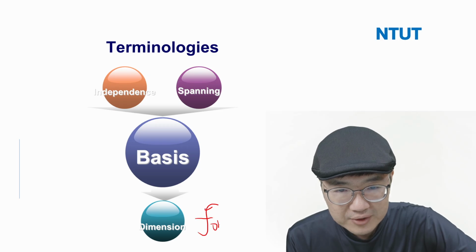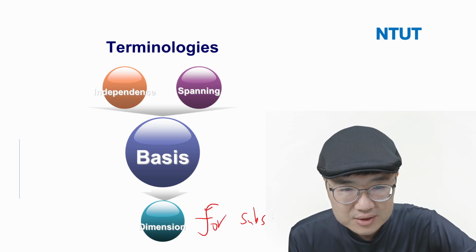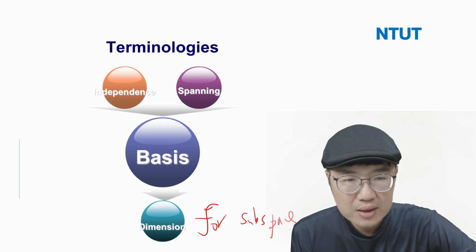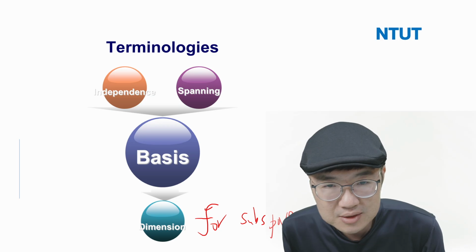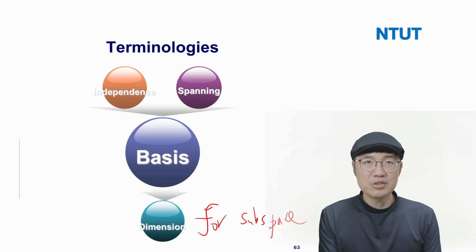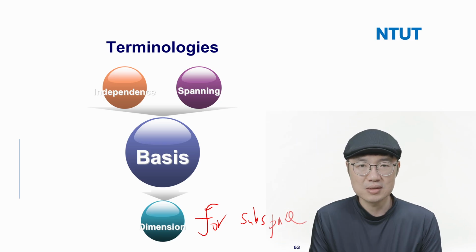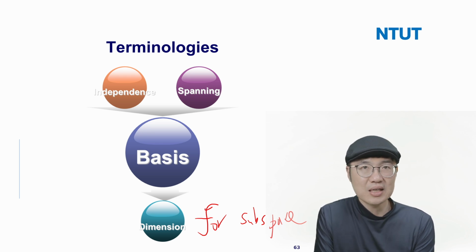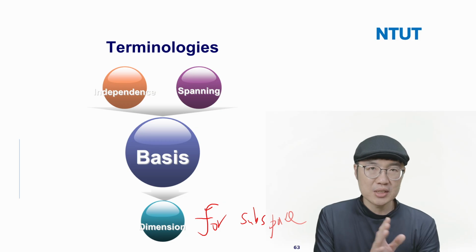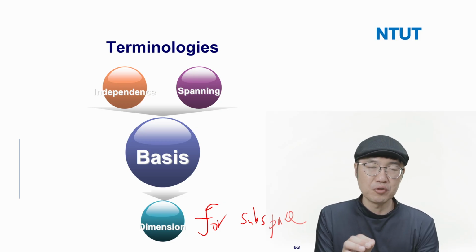I must clarify that it's for a subspace. Perhaps you are wondering, we already saw the dimension for subspaces, like the dimension for the null space being R2 in previous examples, and the dimension for the column space can be found in some other ways. We haven't formally introduced dimension for a subspace.